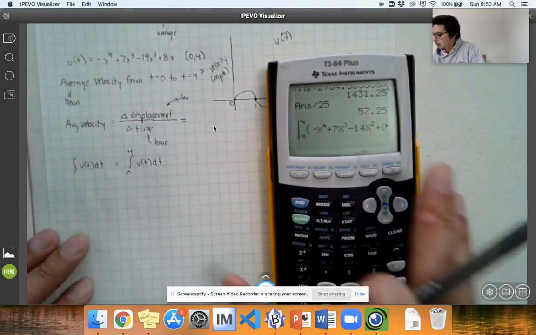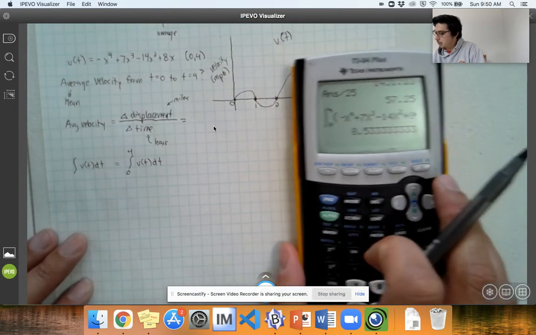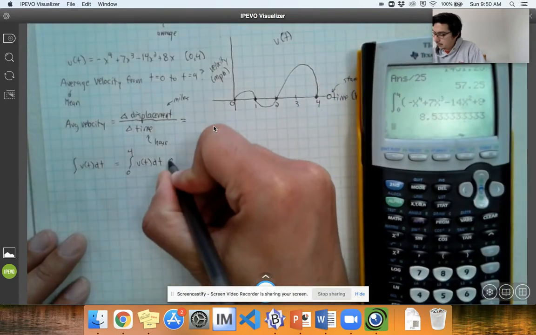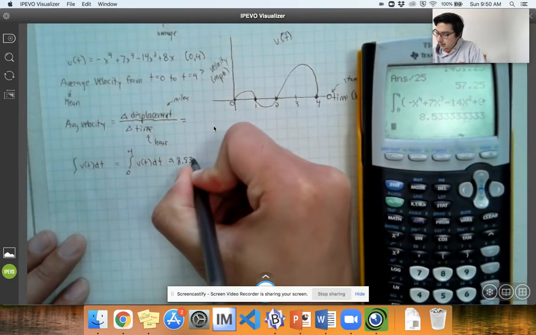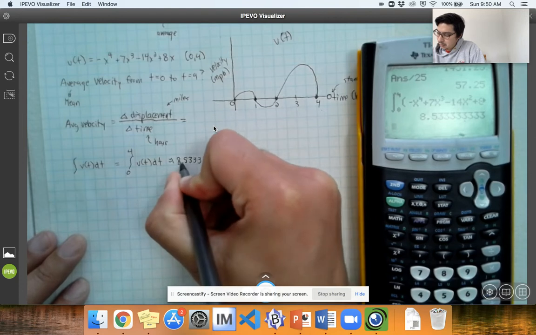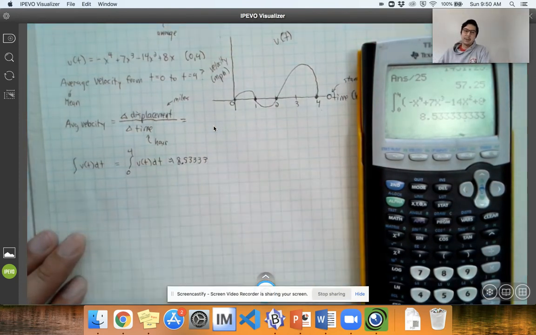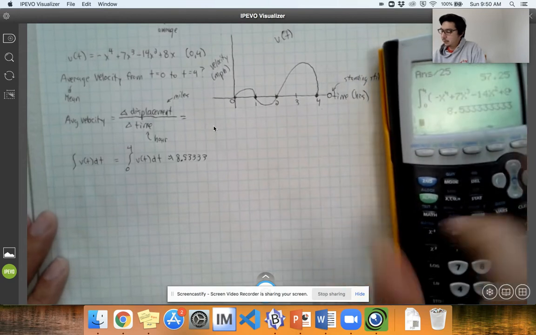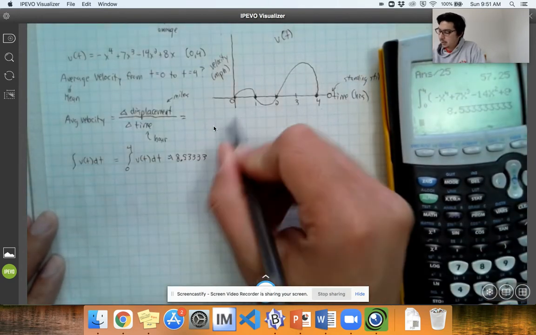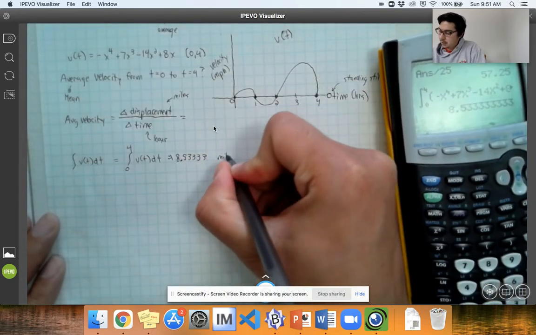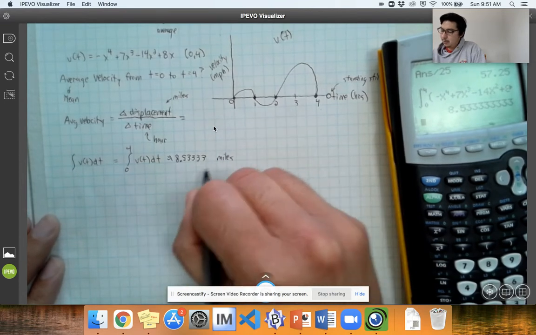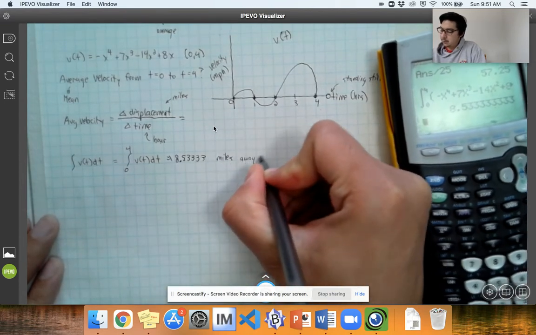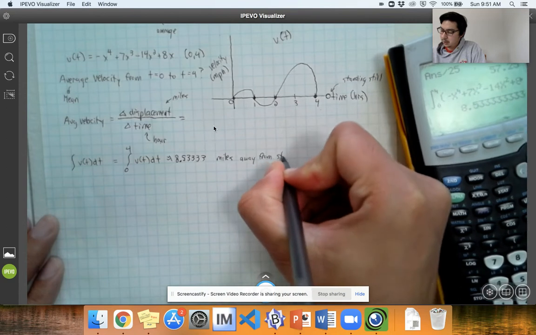And what we'll get here is approximately 8.533 repeating. And remember, in calculus, as we do the work, take it out 5 numbers, your final answer can be 3 numbers out. Good. So what this represents is in 0 to 4, our displacement is we're 8.533 miles away from the start, from our starting position.